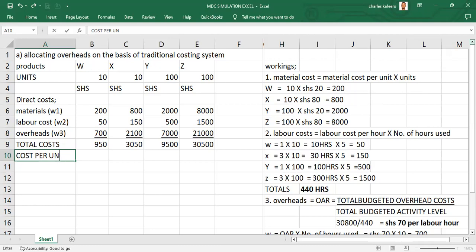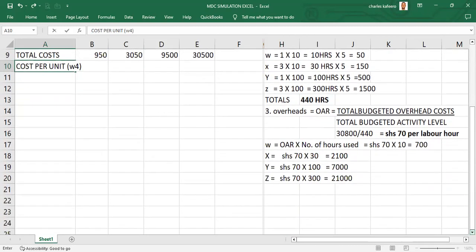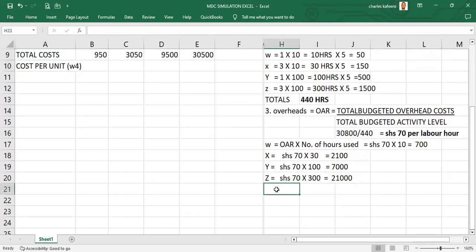And to get our cost per unit, maybe we can also show a working for it. I'm just going to show the formula, how we do it, but we are not going to waste time computing that.